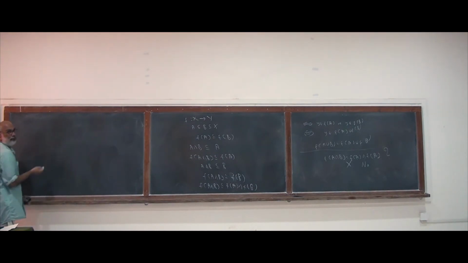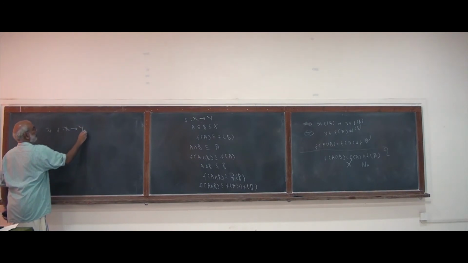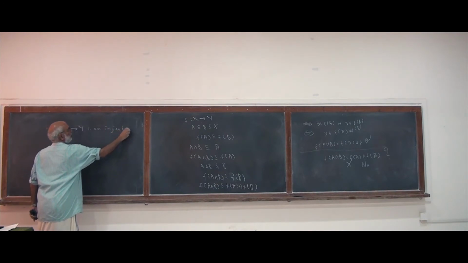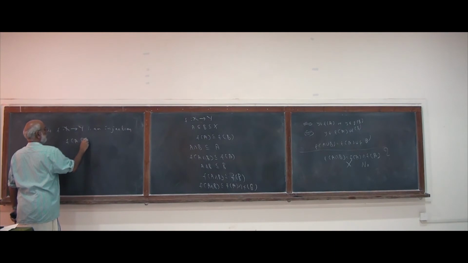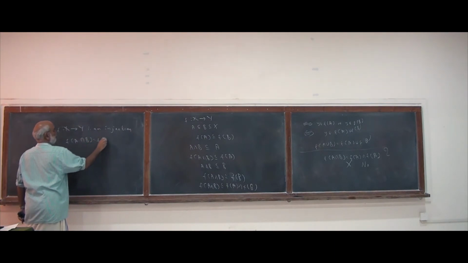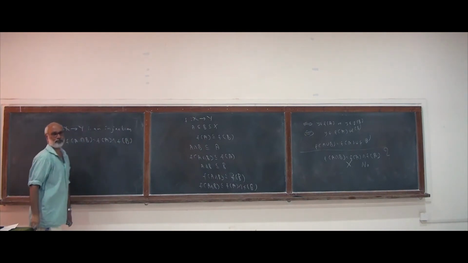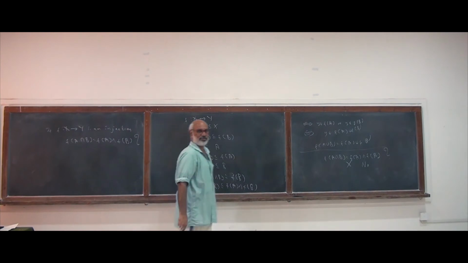But if f is an injection, if f from X to Y is an injection, we have that f of A intersection B is the same as f of A intersection f of B. I am not proving this.